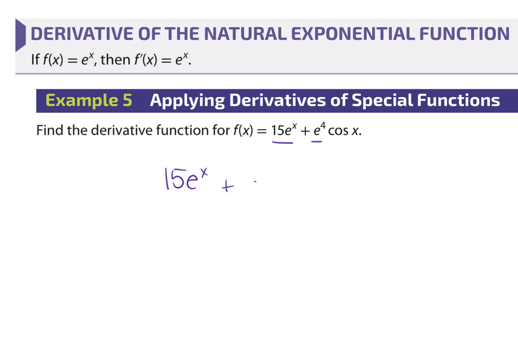All right. And so I have e to the fourth times the derivative of that guy. The derivative of that guy is negative sine of x. And so this whole derivative is going to look like this, 15 e to the x minus e to the fourth sine of x, right? So the natural function is really easy to derive, and it's just as easy when you throw something other than x up there. You just end up using the chain rule when that happens.